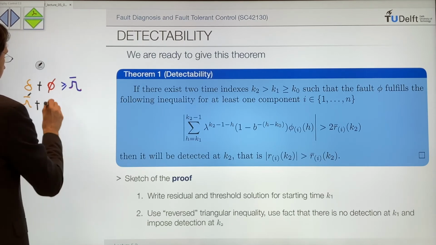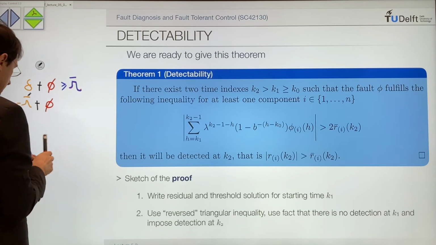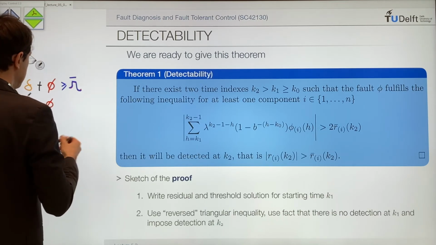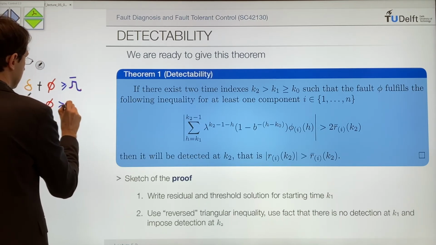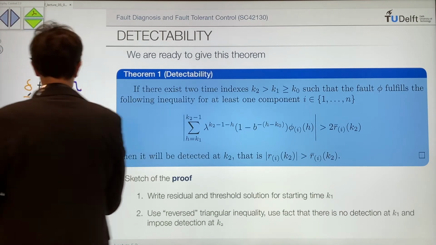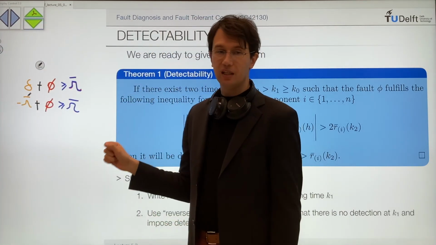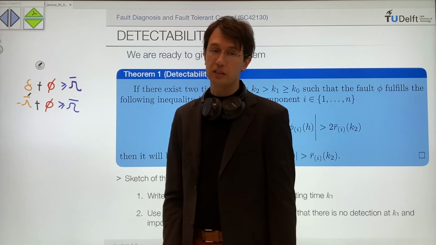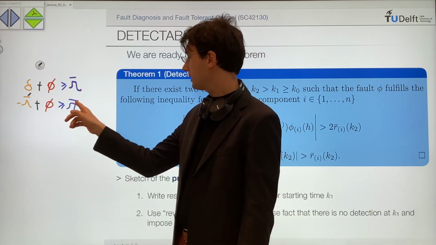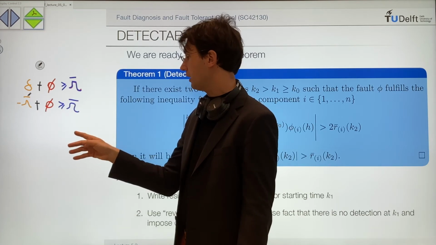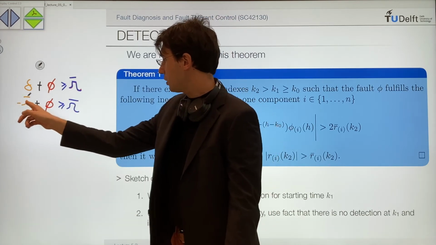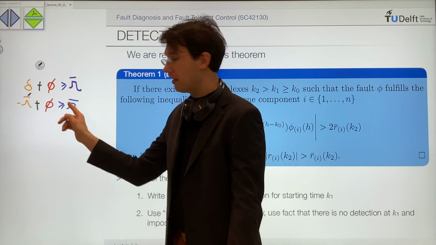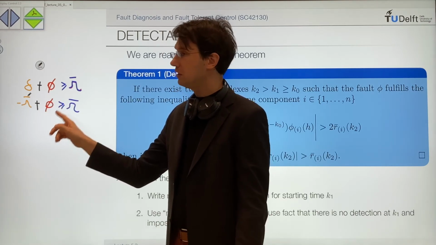and then we have phi here. This should be bigger than R over bar. So in this case, you see that if the effect of the fault is at least twice the threshold, then we are crossing it, because we have minus the threshold plus 2 times the threshold is equal to the threshold.